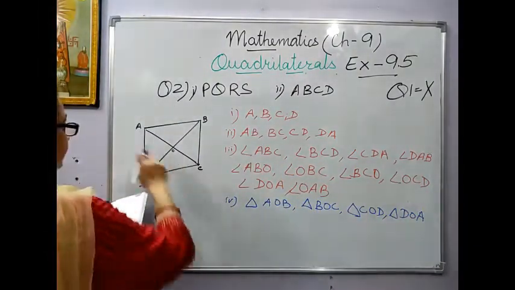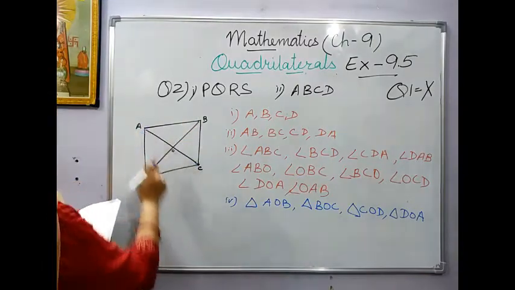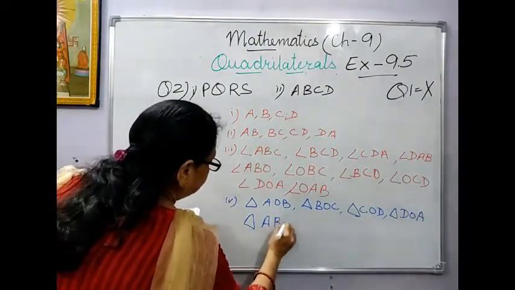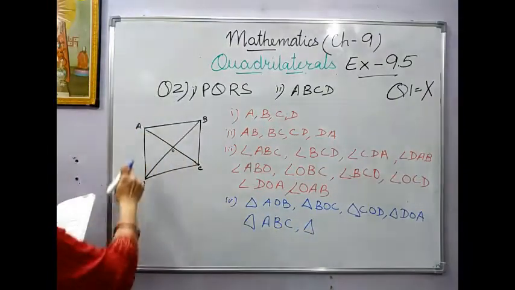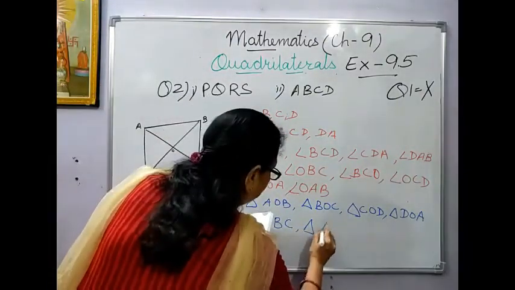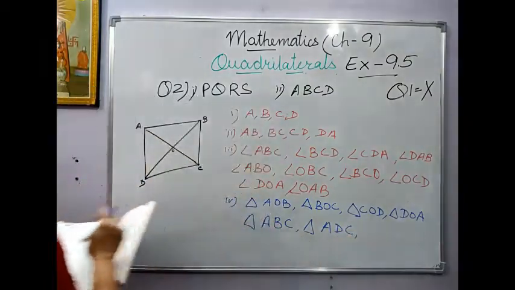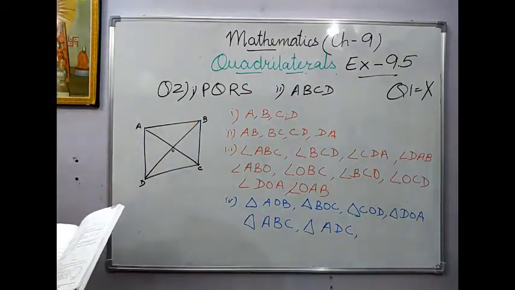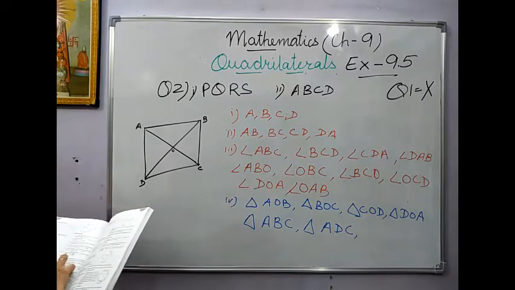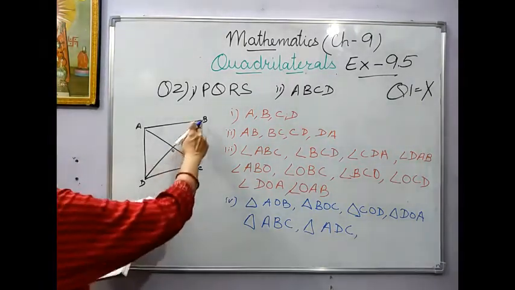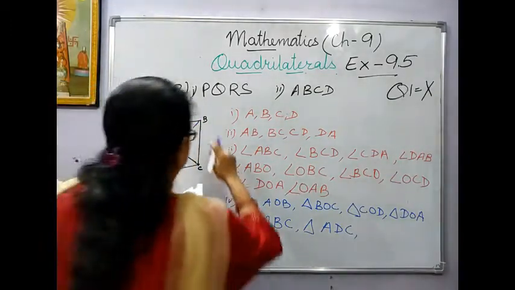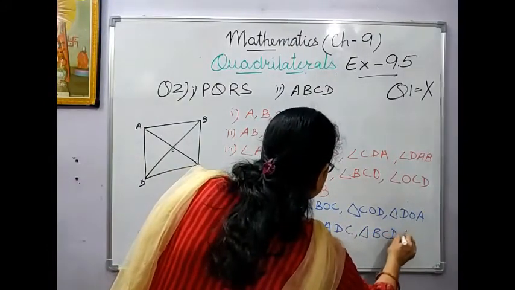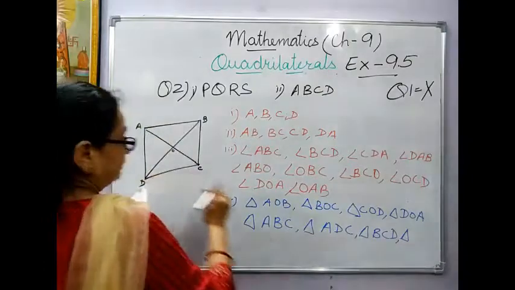Then triangle ABC. Then you can also have AOB, which is already written, ABC is there, then you can have triangle BCD, and triangle DAB.